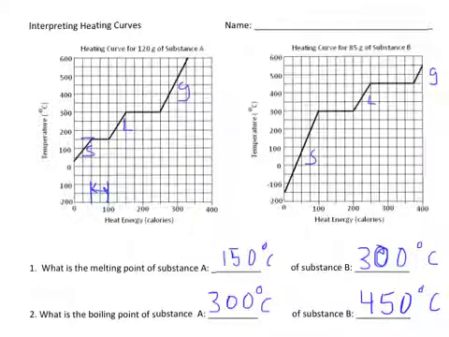So I'm going to put a little mark here at 250. And then we want to know how much energy to turn it into a gas at the boiling point. So that would be here at 375. So the difference between 250 and 375 is 125. So from here to here, that's basically the width of that plateau, is 125 calories.